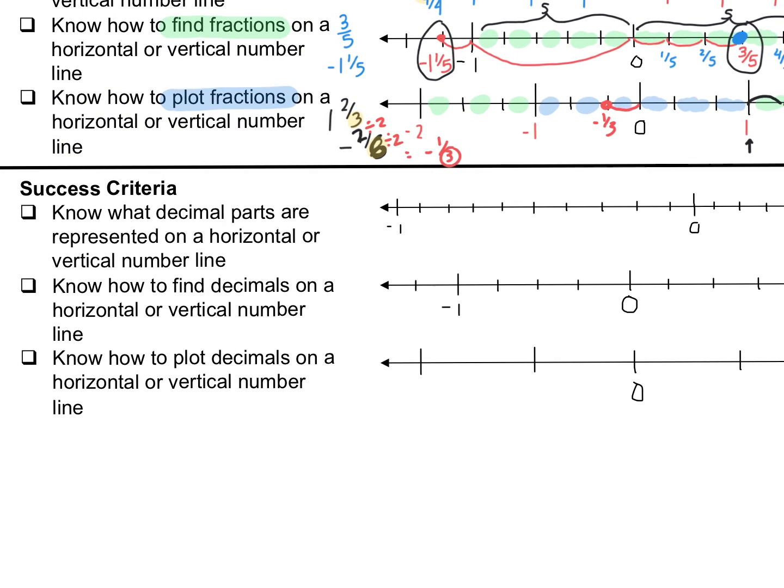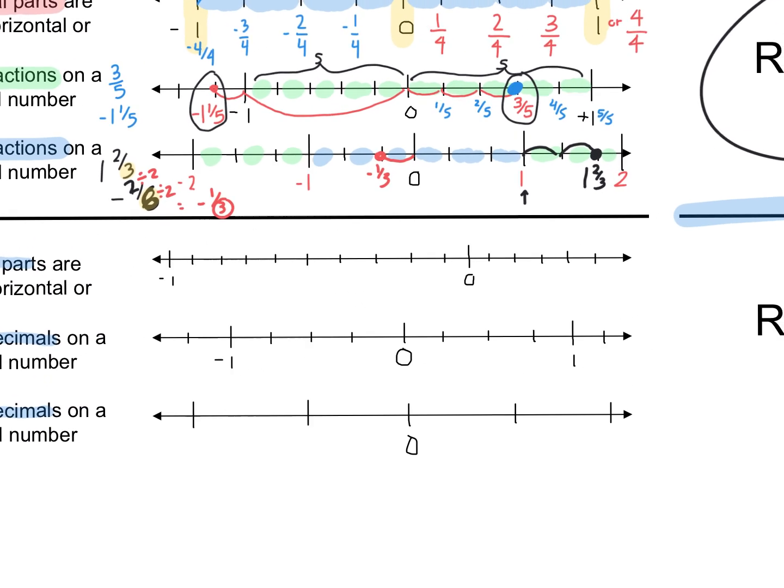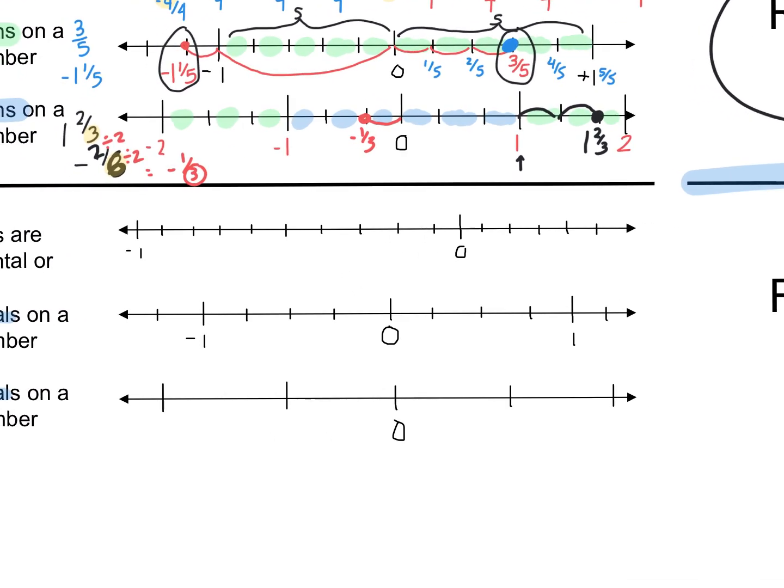Again, it's asking us to know the decimal parts, know how to find decimals on a number line, and then plot decimals, okay? Again, decimal parts are the same as fractional parts.